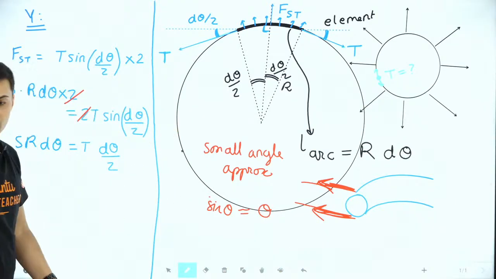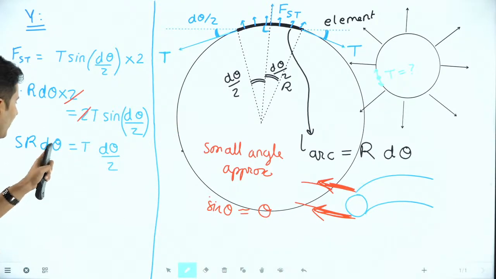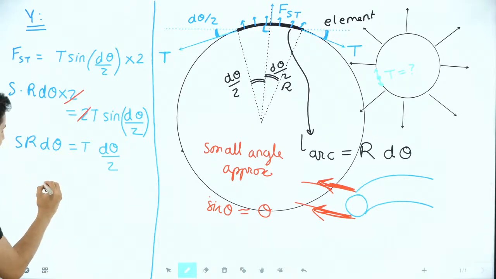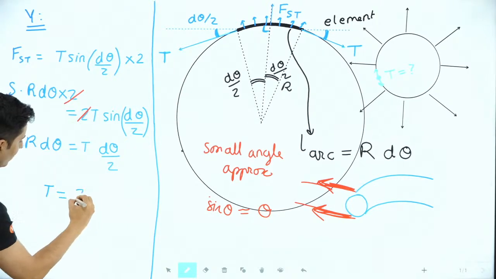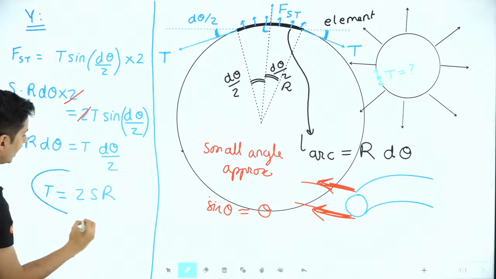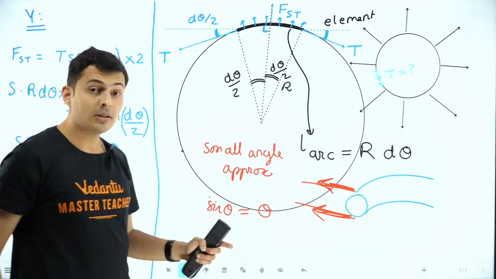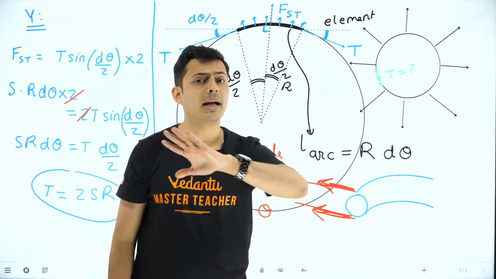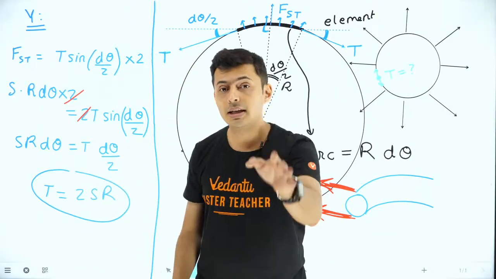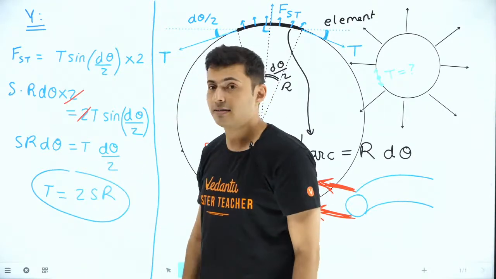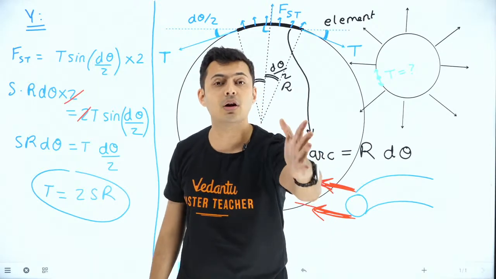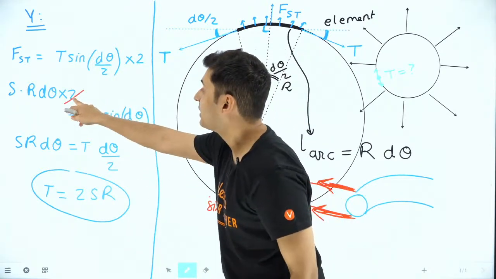Now, what will happen? d theta will go, and therefore you will get T is equal to 2 S R. Now I'll tell you what the problem is. In many places, even online and in many books, they have given just S R as the formula. They have forgotten that there will be two surfaces.